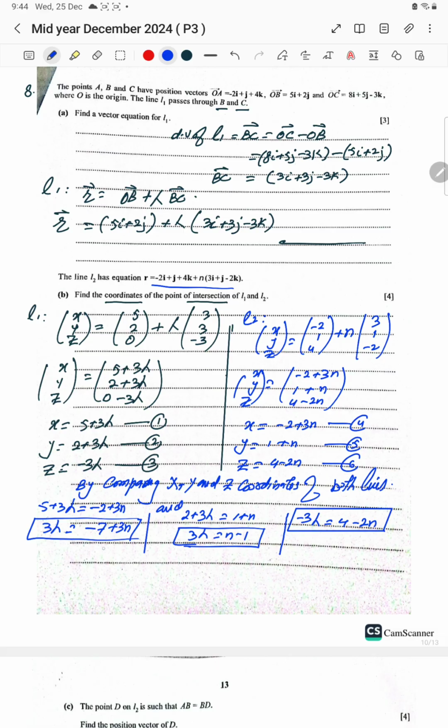We will equate the first two with each other: minus 7 plus 3n equals n minus 1. So 2n equals 6, and n will be 3.